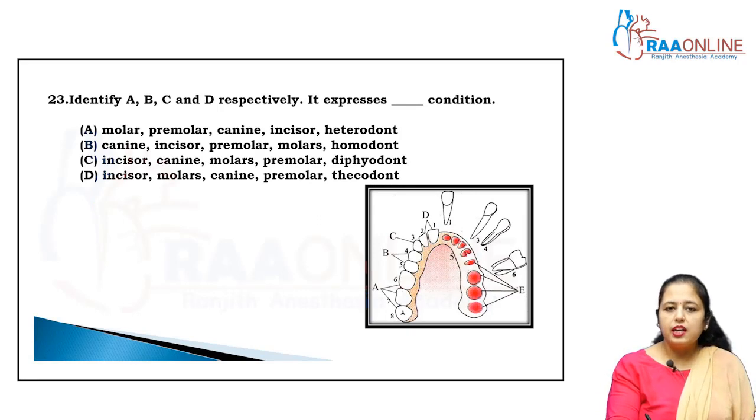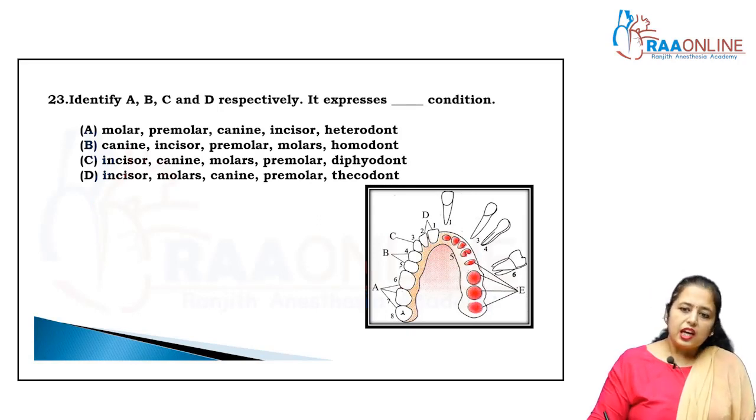Identify A, B, C and D respectively. It expresses condition A, B, C, D respectively, right? That means we cannot follow that. We have to follow this, right? This is the NCERT based diagram. D represents the incisor, C canine, B premolars and A molars, right?